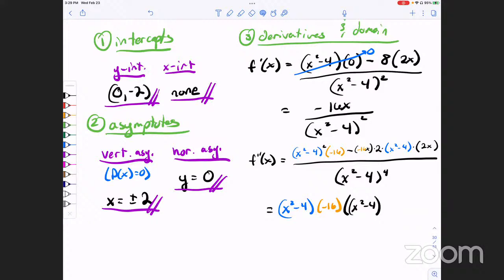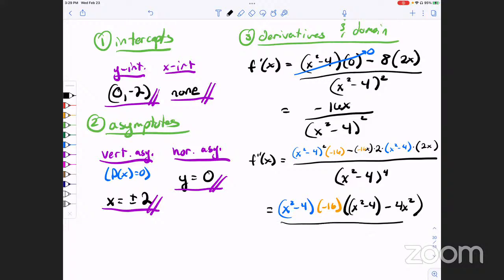So then what we're left with, we got 2x times 2x is 4x squared. So again, did not make mistakes. What's left was that minus 2x squared minus 4, which has already been accounted for.